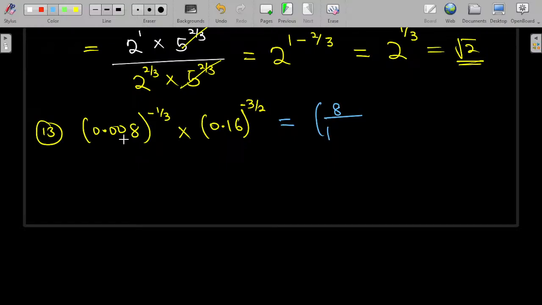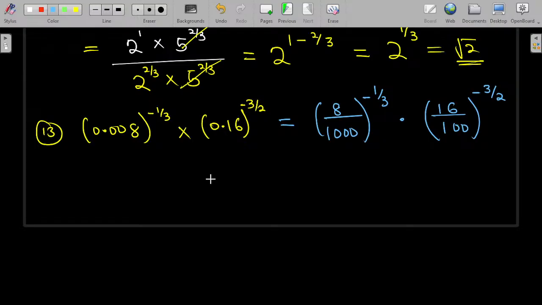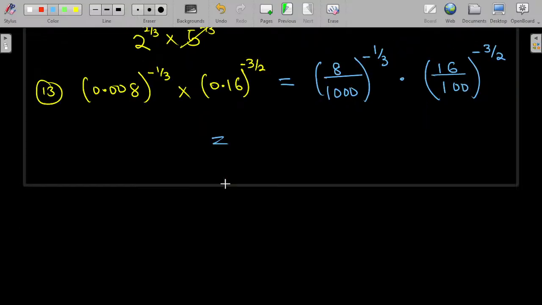And count the number of digits after your decimal point. And here we have 3. So you will attach 3 zeros, all raised to the power of minus 1 over 3, multiplied by, we do the same thing here, 16 all over 1, this time around 0, 0, all raised to the power of minus 3 over 2. Beautiful.